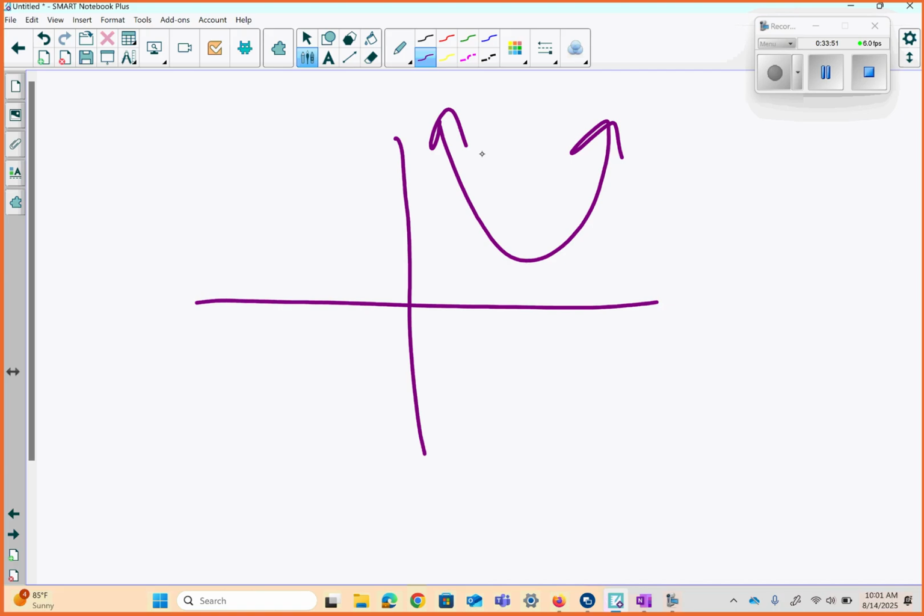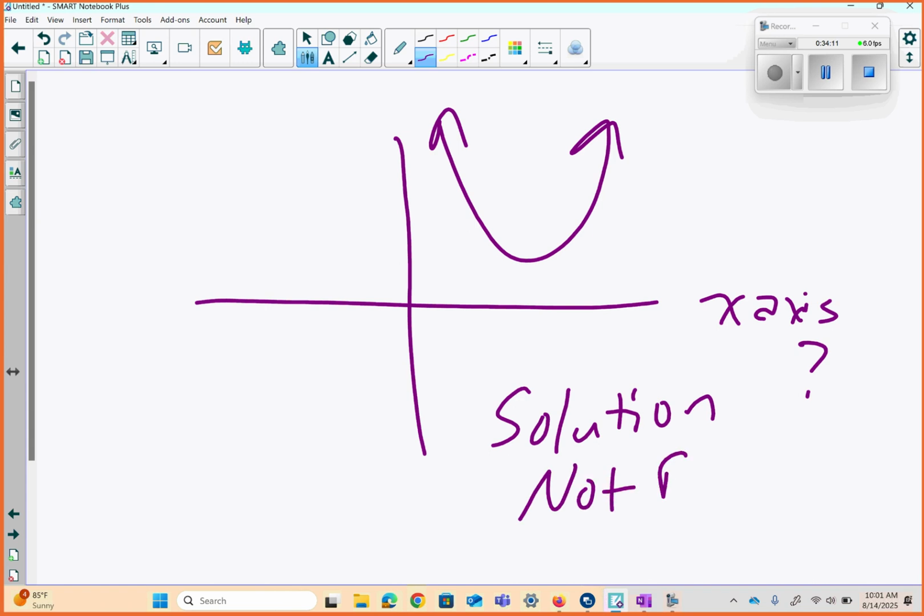Is that safe for us to say? Remember, this is the x-axis here, right? So it does not cross the x-axis. Got a big question mark. So what this means is my solution, what I'd have to plug into it, becomes something called a not real number.